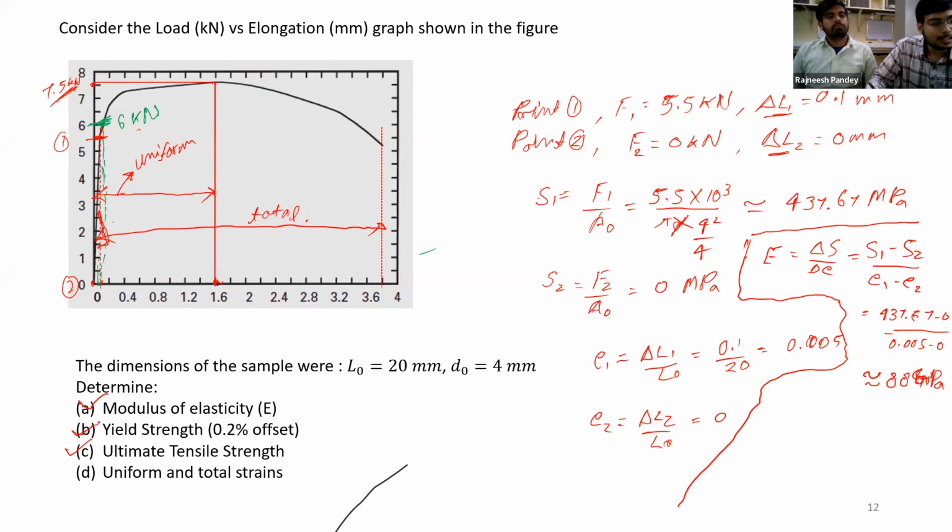This gives us the elongation at UTS, and we divide this by the gauge length. So we will get the strain at UTS, which will be nothing but the uniform strain. So let me write it down here. From the graph, after dropping the line, we get delta L at UTS, that is delta LU, as 1.6 mm.